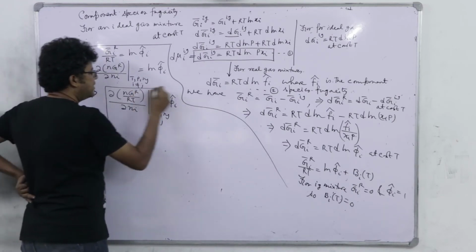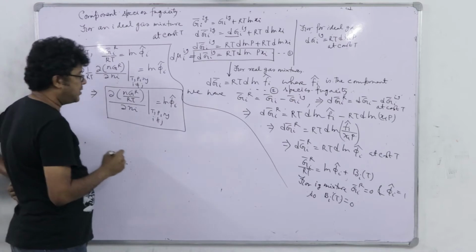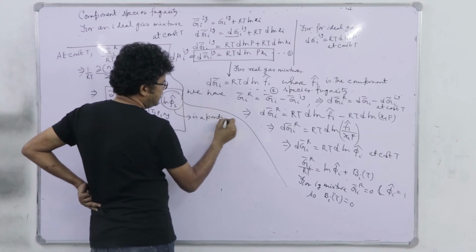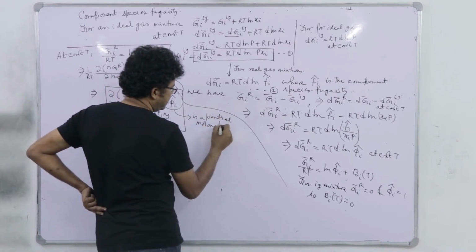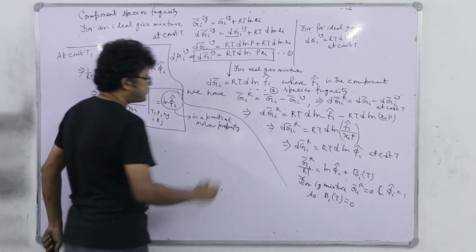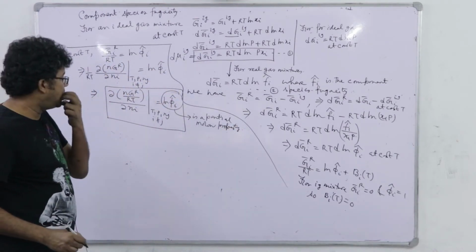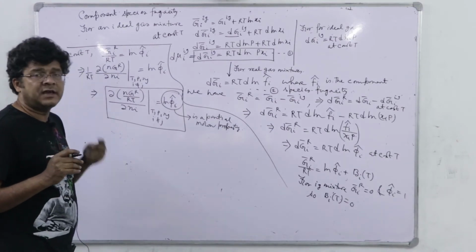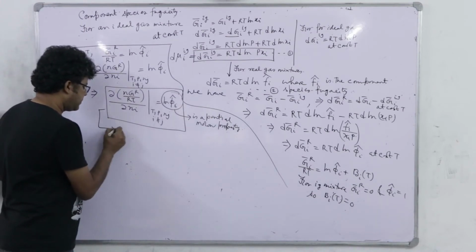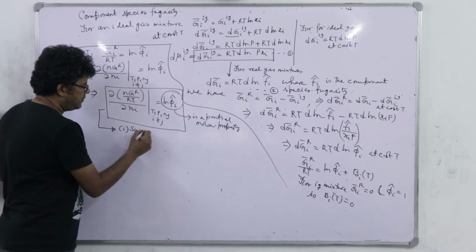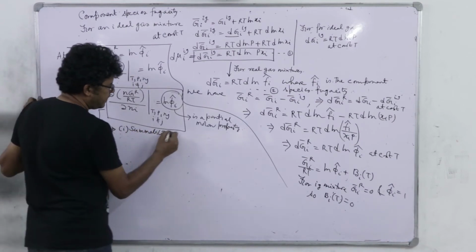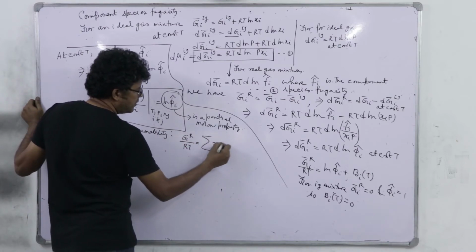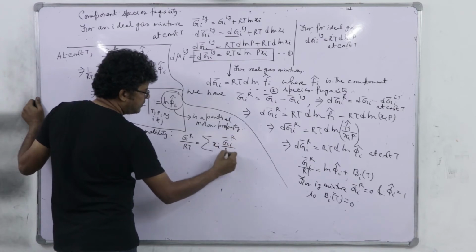So, what we understand is that ln phi i cap, and not phi i cap, is a partial molar property. This entire thing is a partial molar property. Now, as it is a partial molar property, it must satisfy summability and Gibbs-Duhem. Number one, summability: G R by RT equals summation xi into Gi R bar by RT.